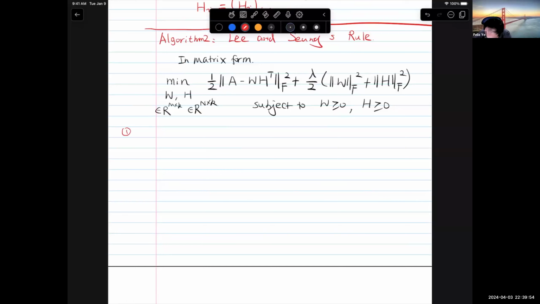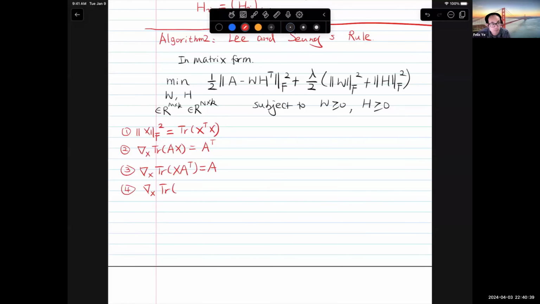First, if X is a matrix and you are interested in the square of the Frobenius norm, it's equivalent to the trace of X transpose X. The second is the gradient with respect to X of trace of A times X A transpose, which equals X times A plus A transpose.